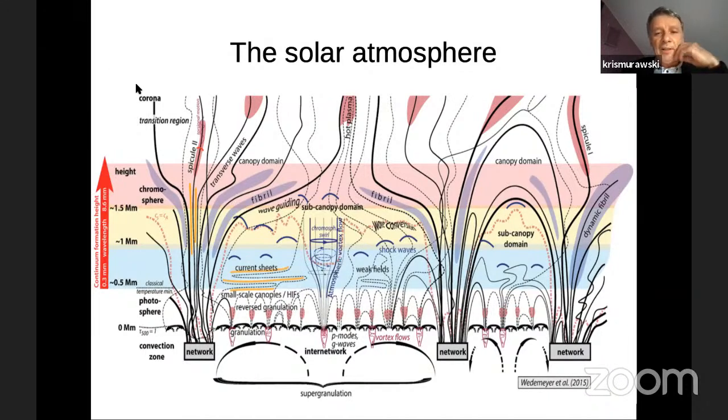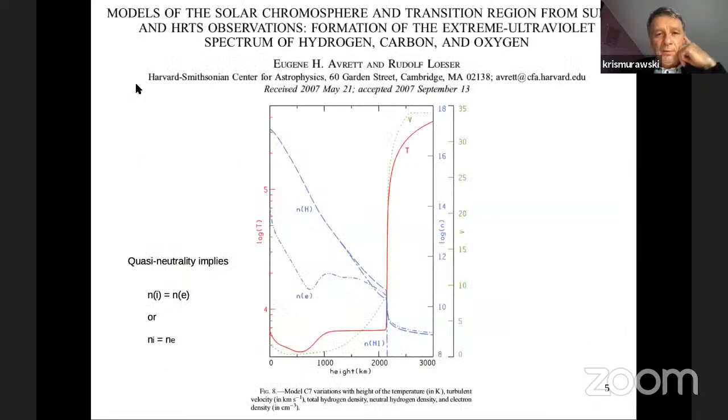So I would like now to refer to the semi-empirical model of the solar atmosphere, which was devised by Avrett and Loeser in 2007. They have a slightly newer paper, but the older one is the one which I like more.